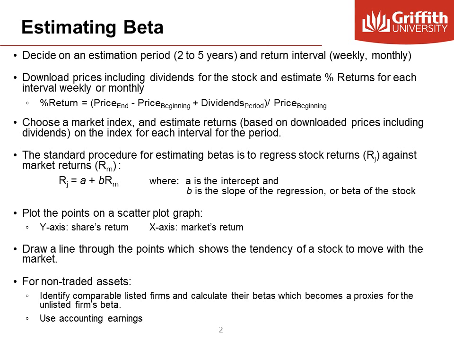First, we identify comparable listed firms, calculate their betas, and use these as proxies for the unlisted firm's beta. Or number 2, use accounting earnings, where we just regress the accounting earnings for the firm against the market index. This produces what is called an accounting beta.